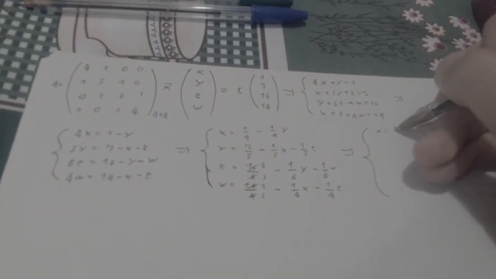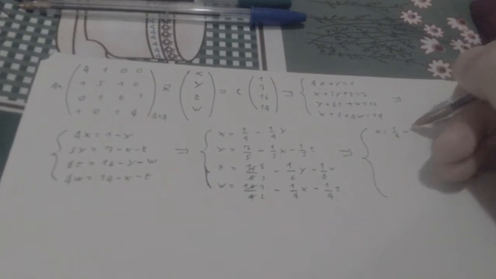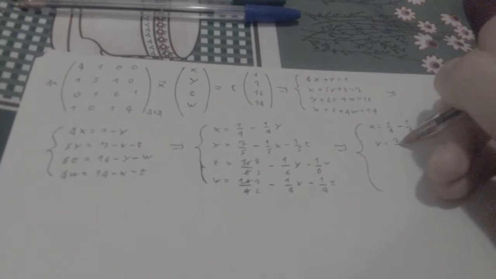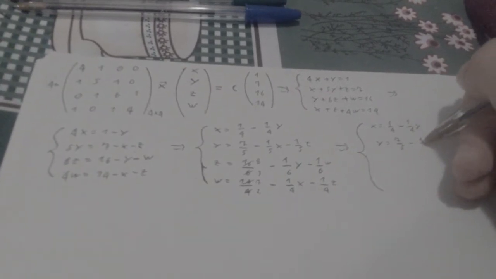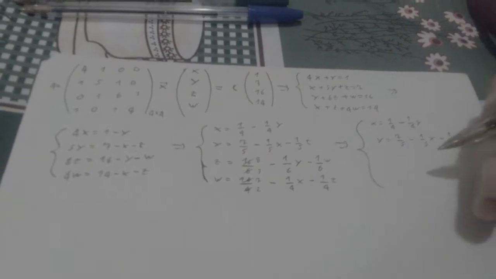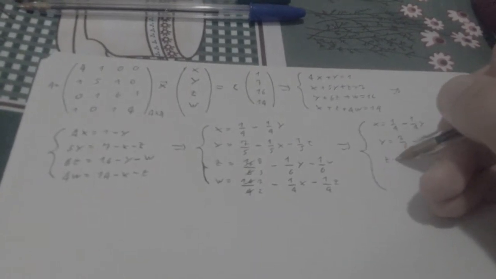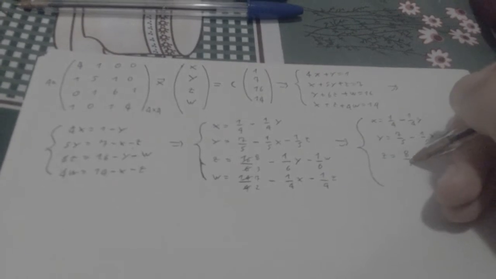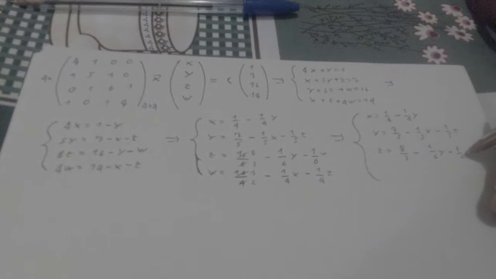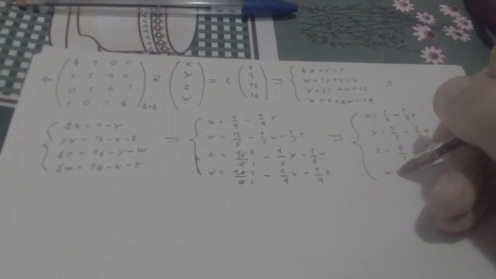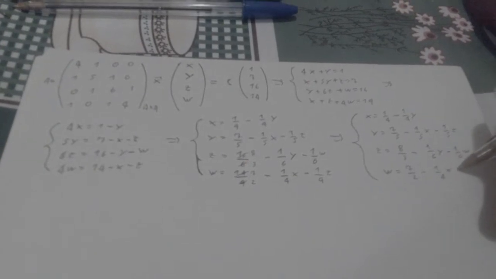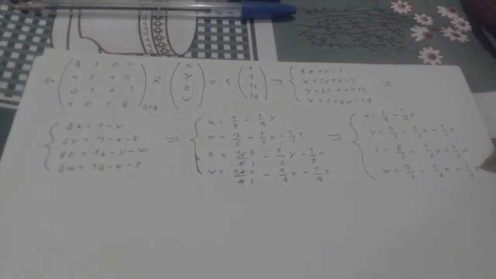This is actually x equal to 1 over 4 minus 1 over 4 y. y is actually 7 over 5 minus 1 over 5 x minus 1 over 5 z. z is actually equal to 8 over 3 minus 1 over 6 y minus 1 over 6 w, and w is equal to 7 over 2 minus 1 over 4 x minus 1 over 4 z.